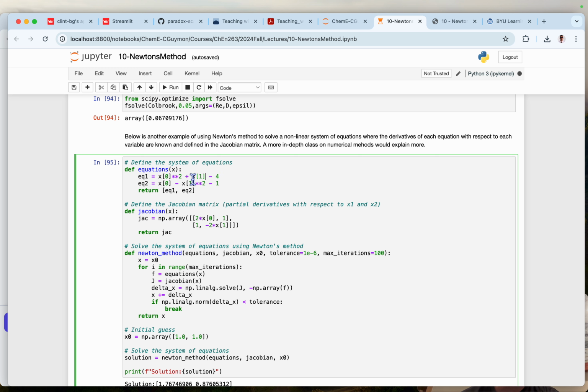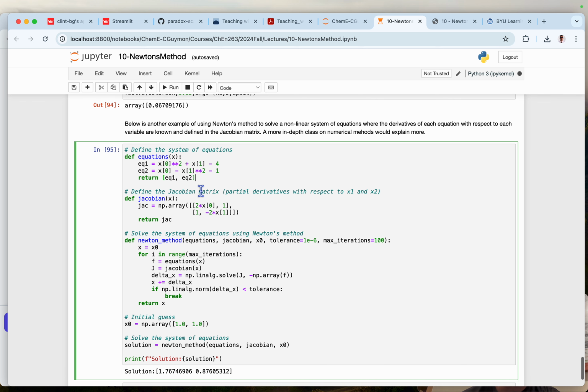And here, instead of x's and y's, I've got an array or a list of x values. And these are my variables right here. So the first one is squared, the second one added to that and then subtracted 4. And my second equation is this. If you were to write it typically, it'd be x minus y squared minus 1. But here I've got it as just a list of variables.